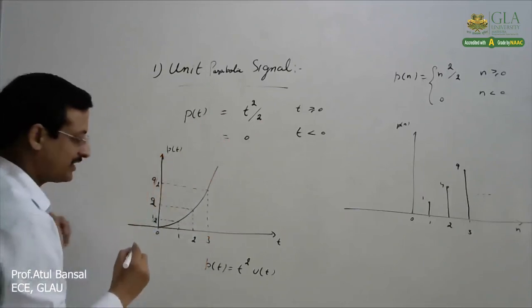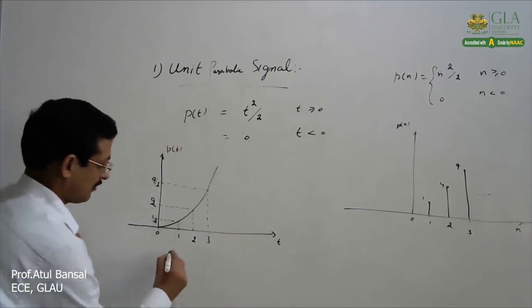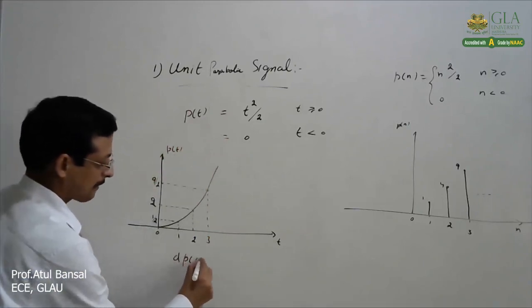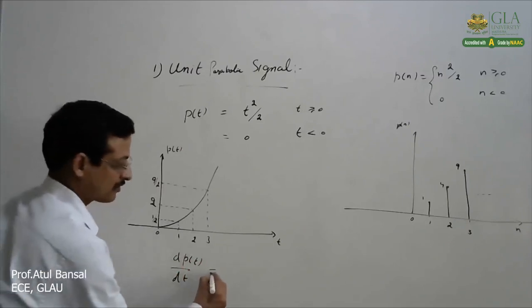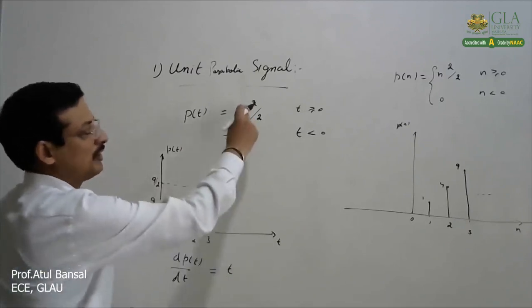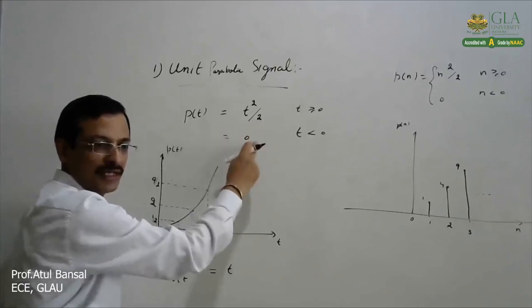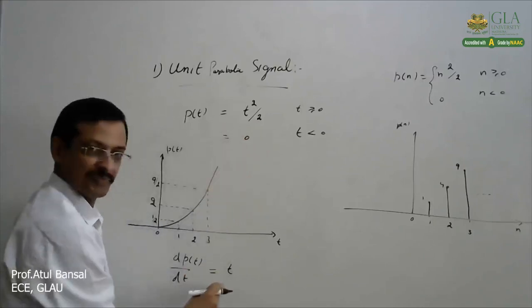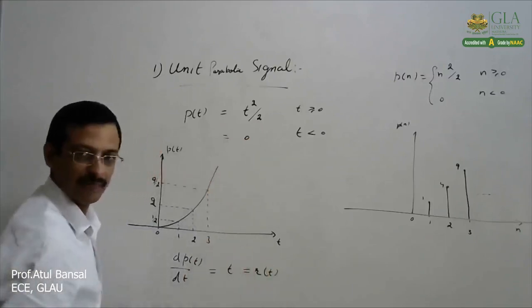But the advantage is that if we differentiate this parabolic signal, what do we get? Differentiation of t square by 2 will be 2t by 2. The 2 and 2 will get cancelled, and we get t, which equals a ramp.